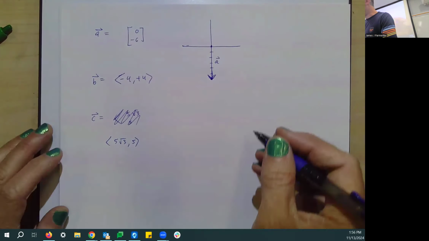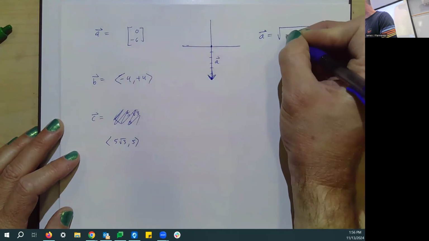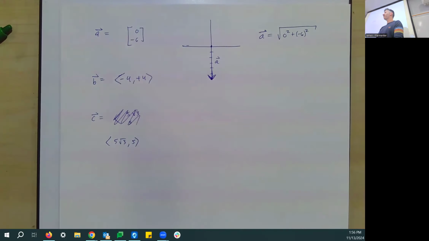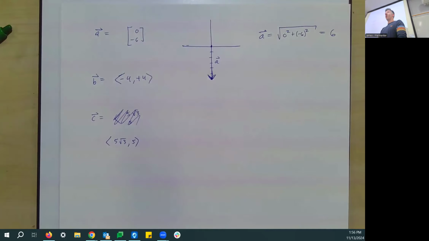The way you can find the magnitude of A is the square root of the sum of the squares of the components. And the square root of 0 squared plus negative 6 squared is the square root of 36, which is 6. But if you just have one non-zero component, it's just the absolute value of that non-zero component. But we knew, right?